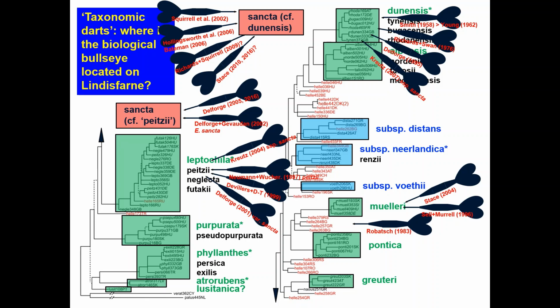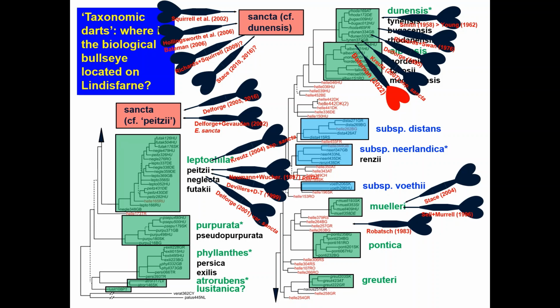So probably the question you're asking now is, where would I put it today? And the answer is back where it was in 1958, as possibly a subspecies, possibly a variety of Epipactis helleborine. Why have I changed my mind?